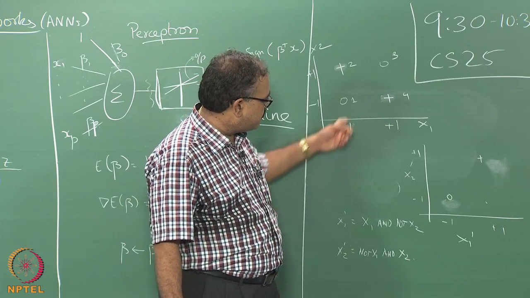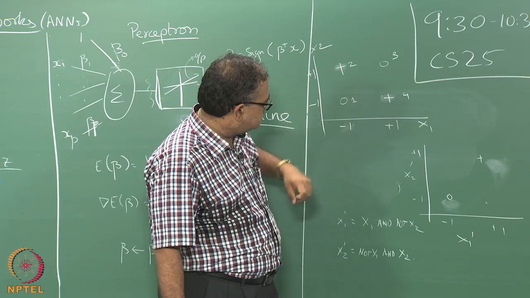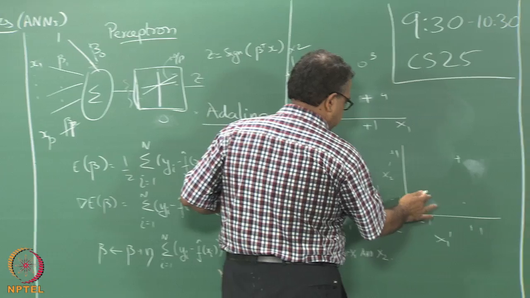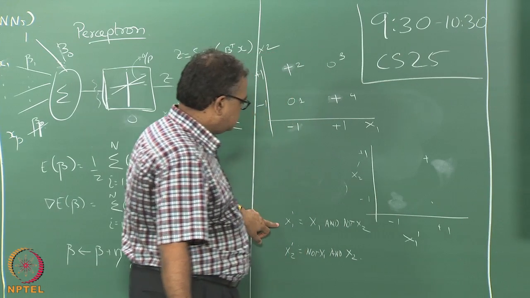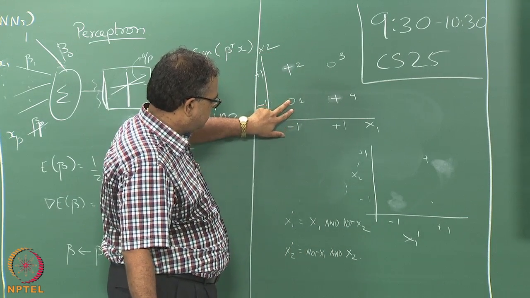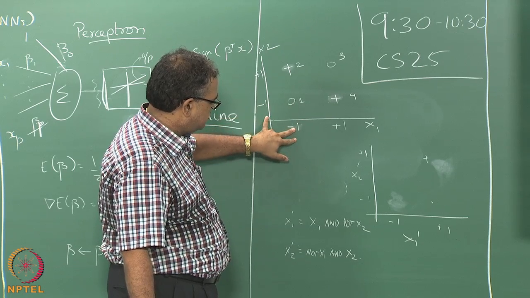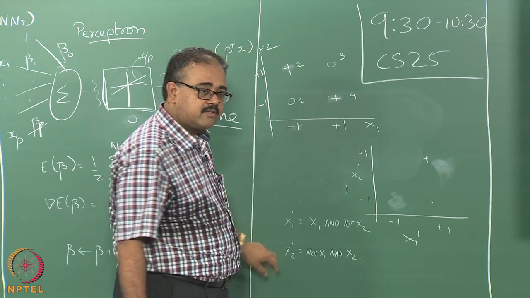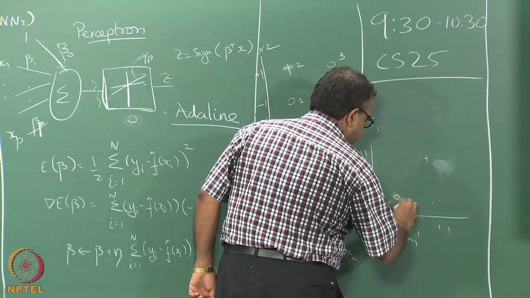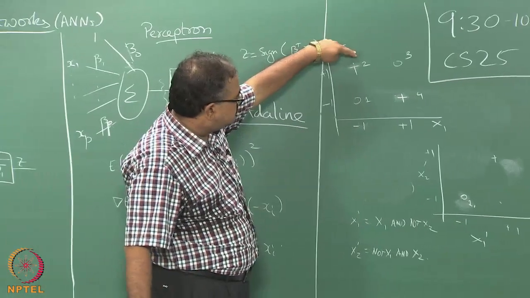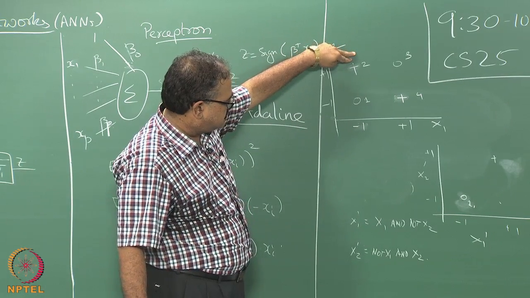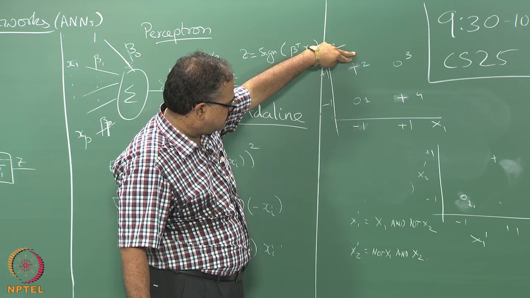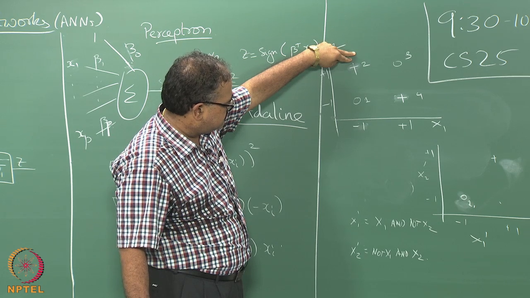So where will x1 prime be for 1? X1 is minus 1, not x2, so that will be minus 1, right? X2 prime will be minus 1. Okay, and what about 2? It's minus 1. No, it's not the same thing.